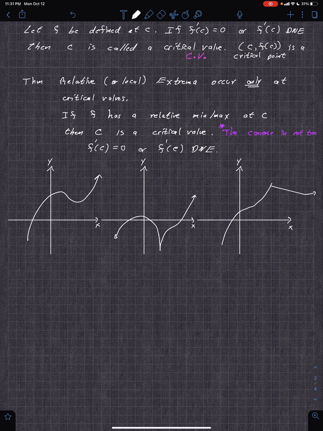That's a corner. So a corner is not local. The corner is not a cusp, and a cusp is defined very critically. You have a slope here, which is different than this slope. So those are different slopes.